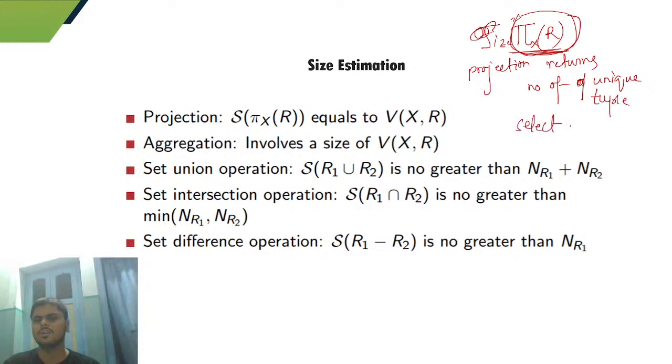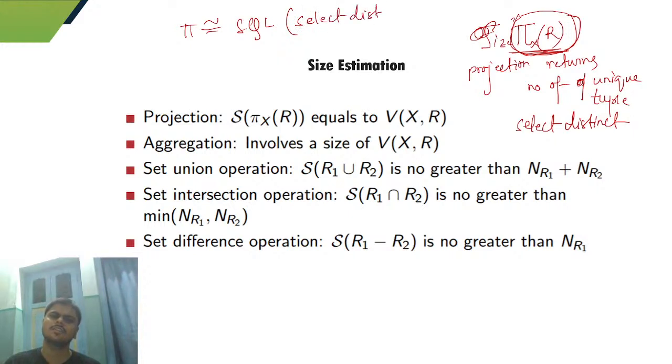It is a very famous question, right? What is pi equivalent to in SQL? It is not equivalent to select, but it is equivalent to select distinct. You can get this in any kind of test series or interview.